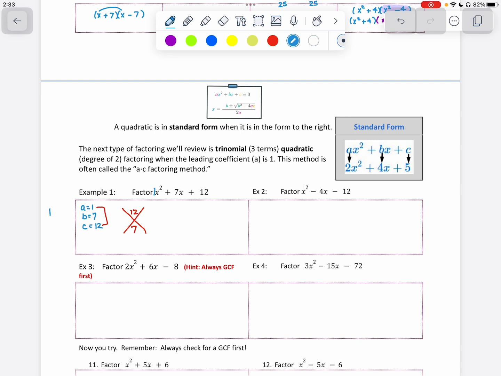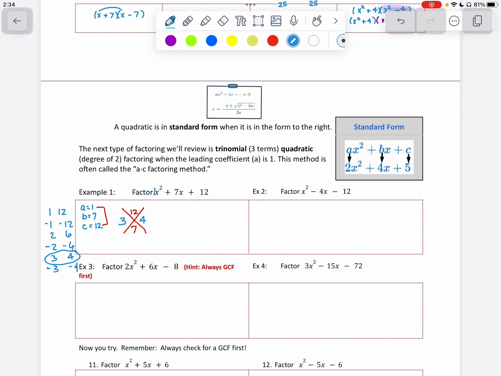All the ways we can multiply and get 12 are 1 and 12, negative 1 and negative 12, 2 and 6, negative 2 and negative 6, 3 and 4, negative 3 and negative 4. And obviously the only two of those that add to give us 7 are 3 and 4.